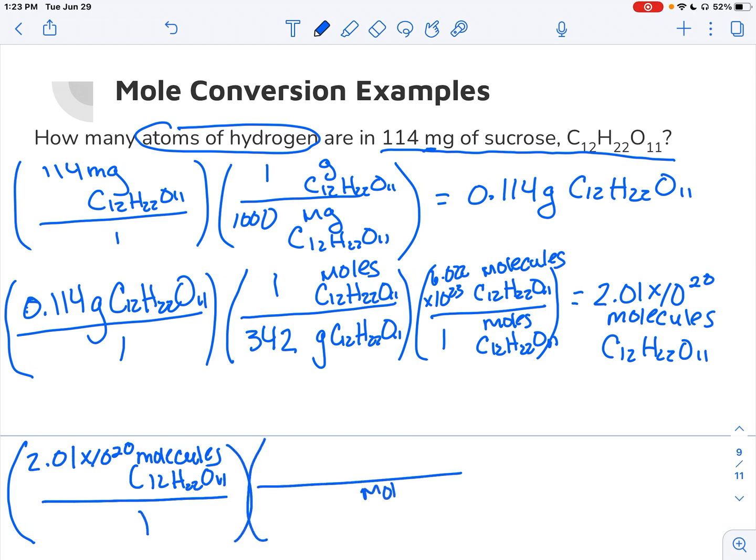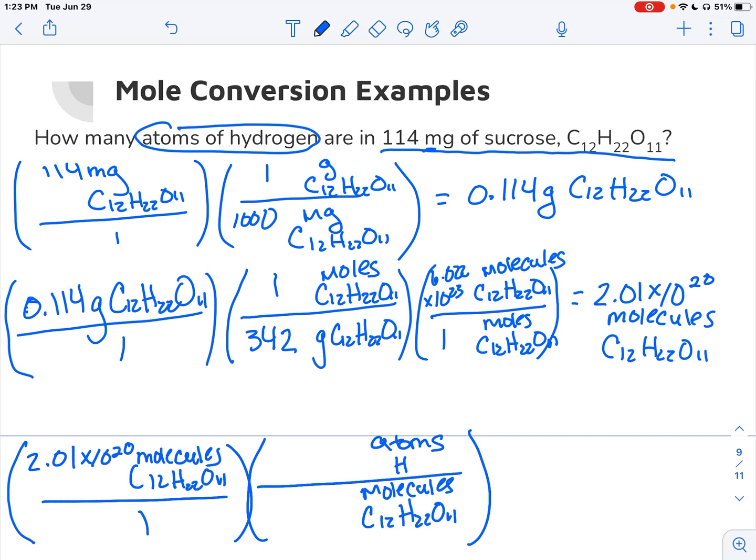We're going to put molecules of sucrose on the bottom because we want to cancel that out. And we're going to put atoms of hydrogen on the top. Now for the number here, you're not going to find this on the conversion factors because it's not really the stoichiometry part. You're going to look at the formula.